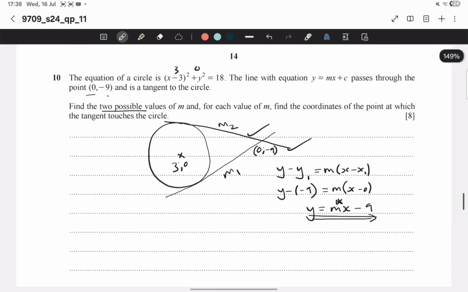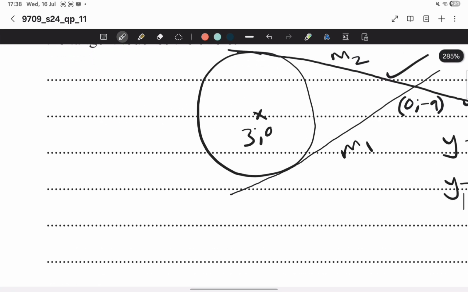So we are going to substitute mx − 9 for y, since y = mx − 9. We substitute it into the equation of the circle, (x − 3)² + y² = 18.